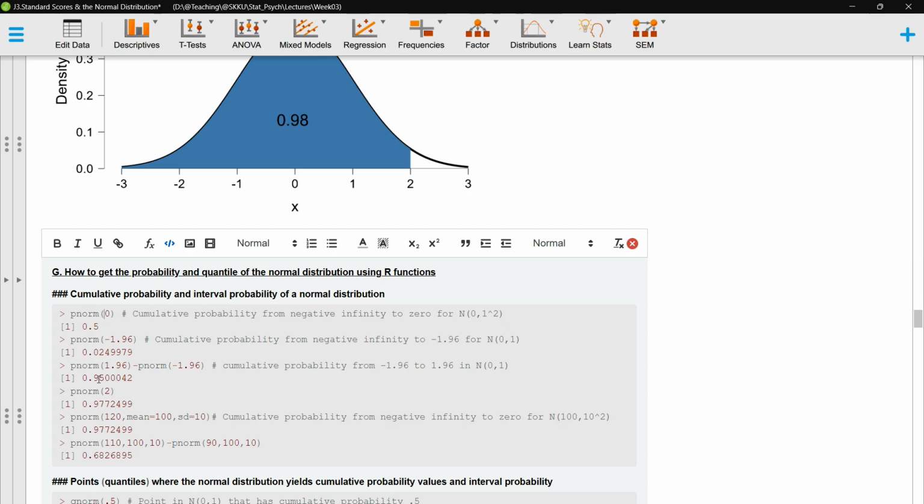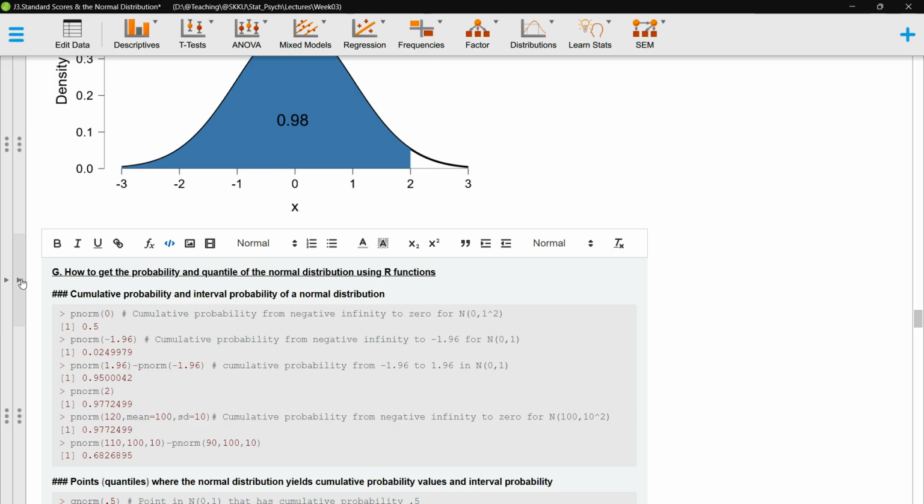So if we calculate the pnorm of 1.96 up to this point, and then subtract the remaining part up to this point, minus 1.96, it will give us about 0.95. That's the reason why we have the 95% interval with plus or minus 1.96 standard deviations in the normal distribution.